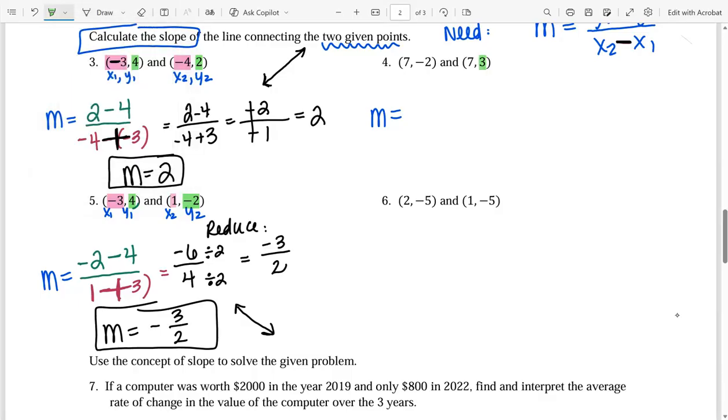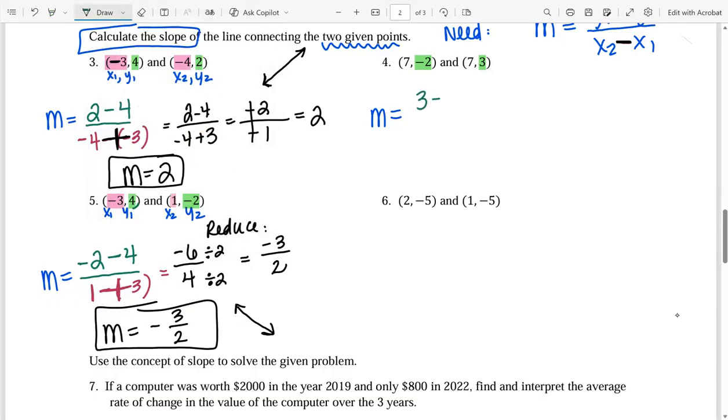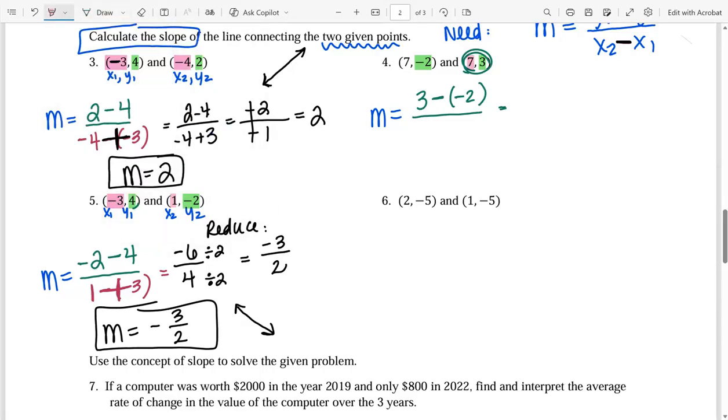So I take my y coordinates and subtract them. 3 minus from the formula a -2. Because I started with the 3 in this point, when I move to my x's, I need to start with its x value.